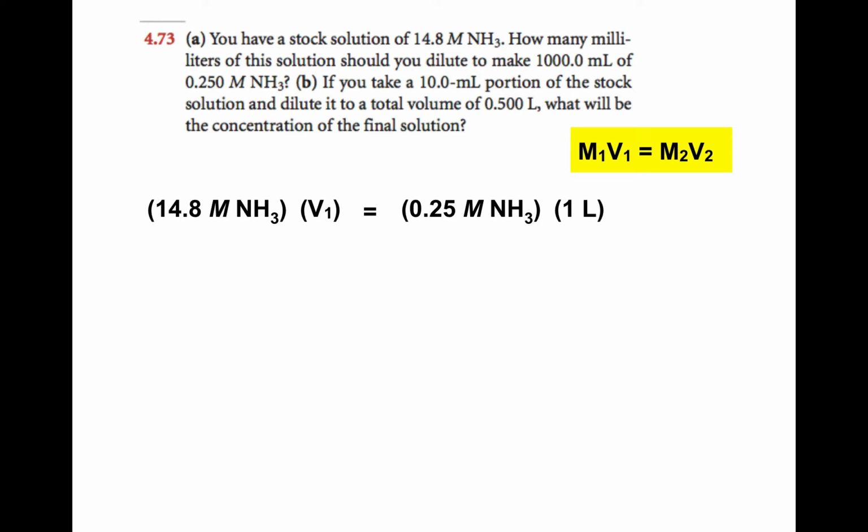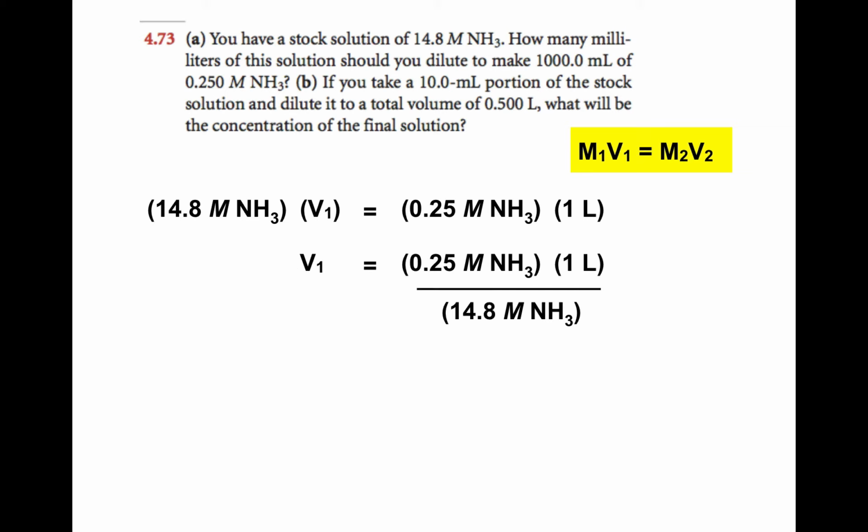So what I'm solving for is my initial volume. What little bit of my concentrated solution do I have to start with to dilute up to 1 liter to get a 0.25 molar solution? So I rearrange it, right? Get V1 by itself, divide both sides by 14.8 molar.